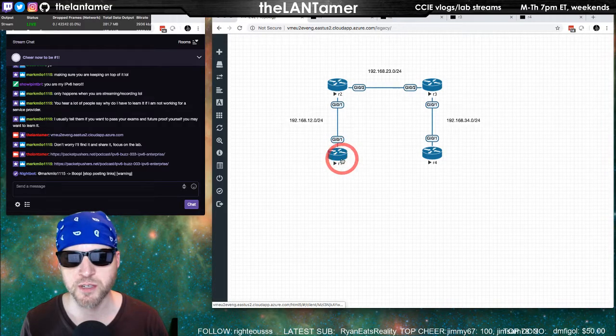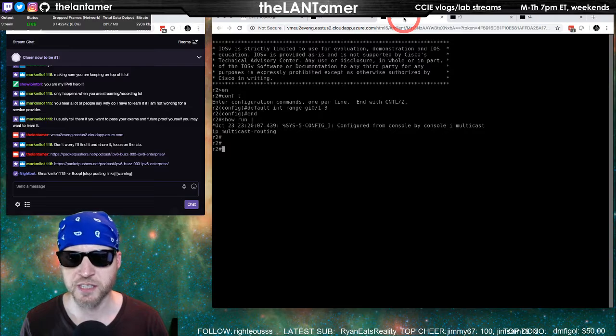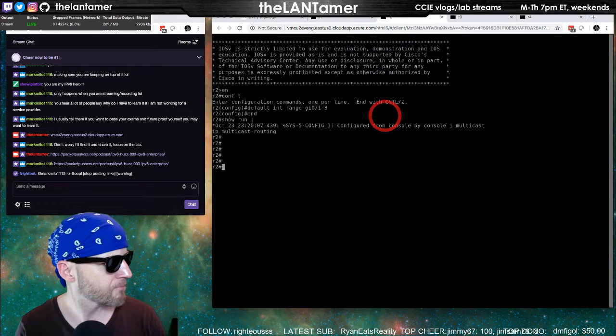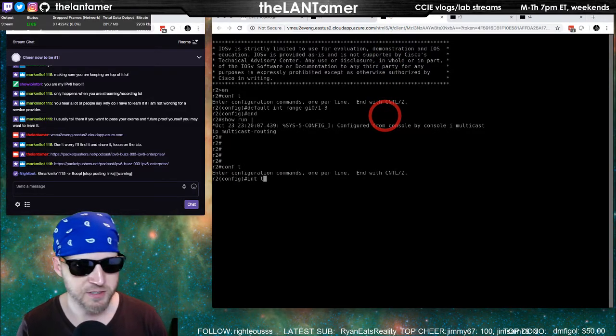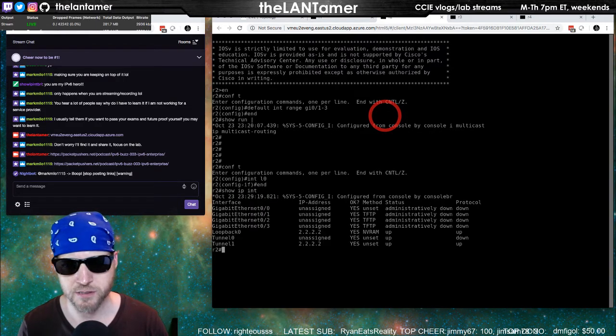I'm going to send announce packets. R2 is going to be the mapping server, so he's going to do IP PIM send-RP-discovery, right? So we're going to say interface L0, actually show. Okay, that one's already up. There's a tunnel up.